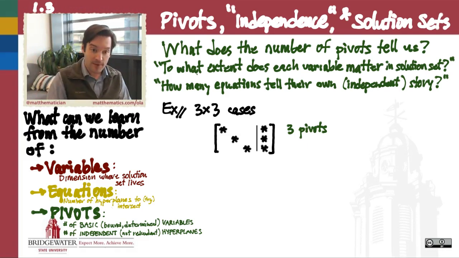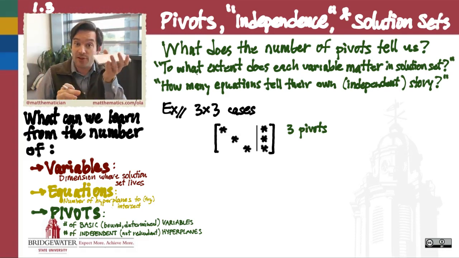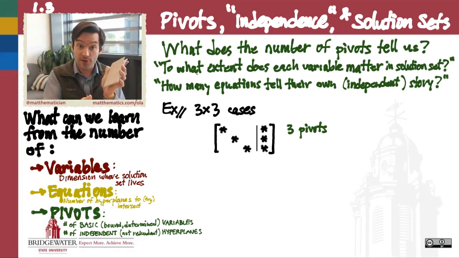What that's going to tell me is that the 3 hyperplanes, which since we're now in 3-space are actually 2-dimensional planes sitting inside of 3-dimensional space, are each going to intersect at a common point.